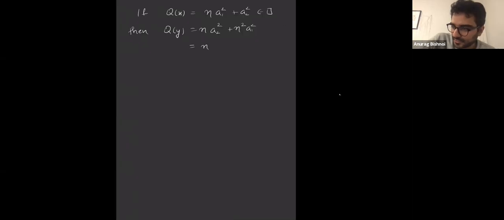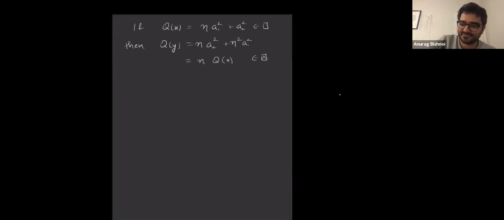This is equal to eta times q of x. This is a non-square because we chose eta to be a non-square. So if you chose a vertex of your graph, then the unique point that is supposed to be adjacent to it will not be a vertex of the graph. It will be a non-isotropic or non-singular point, and q of y will evaluate to a non-square. Cool. Is that clear?